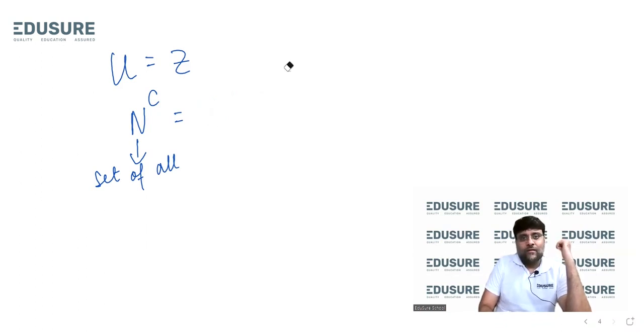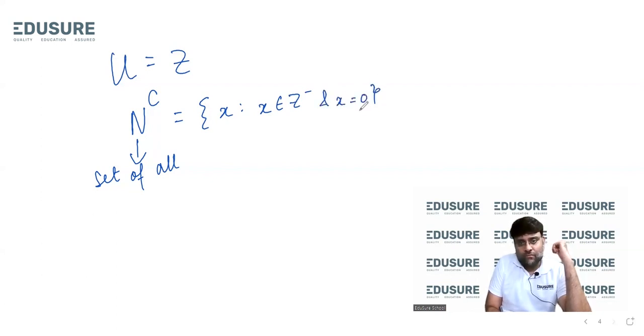N complement is all x where x belongs to Z minus or x is equal to 0.